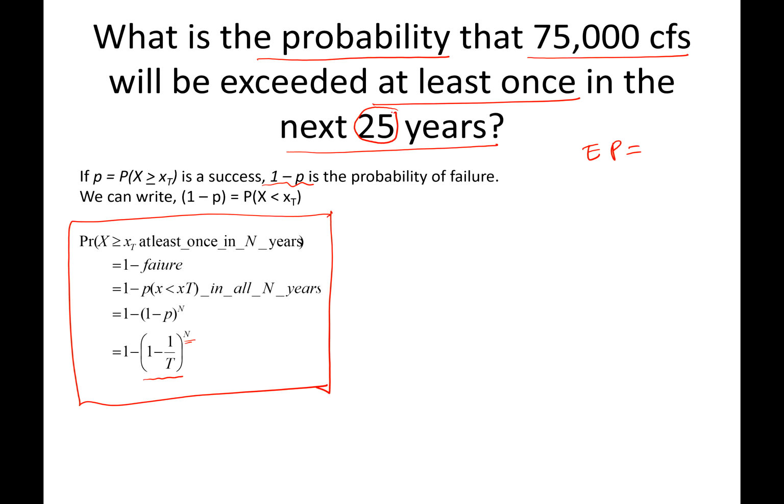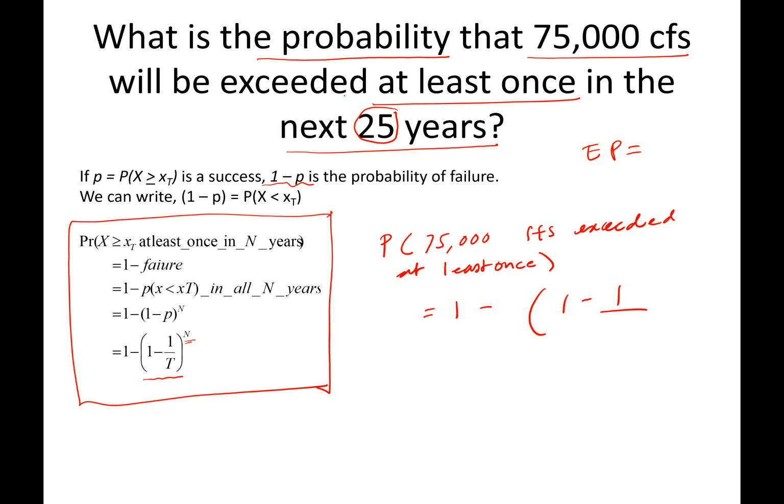So to answer this question, the probability that 75,000 CFS is exceeded at least once in 25 years, I'm not going to write that. Then you have 1 minus 1 over T.